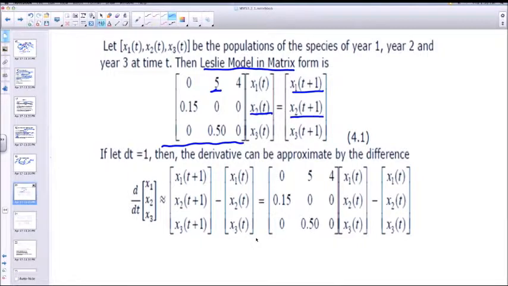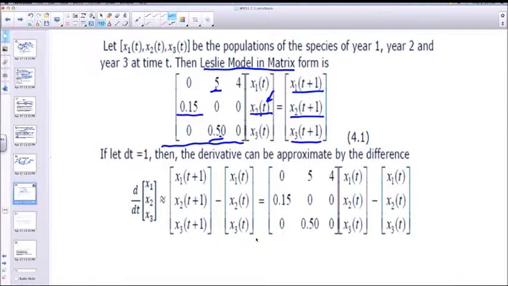The next year, the second year population equals only 0.15 of the first year population in the previous year. And the new population of the third year equals half of the population of the previous second year. So you remember that, I hope.